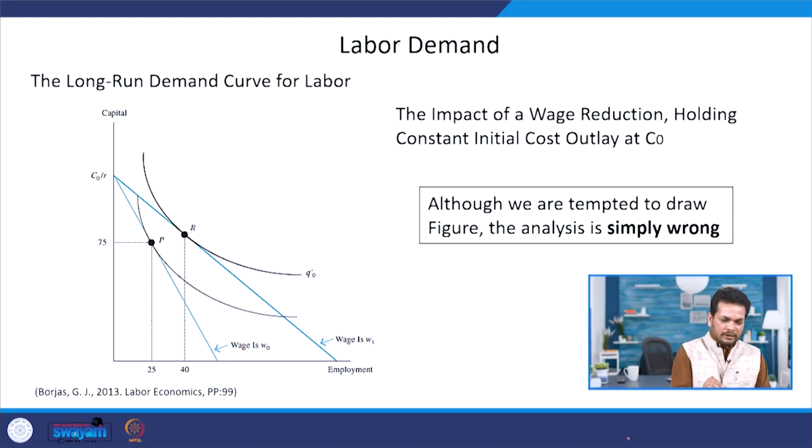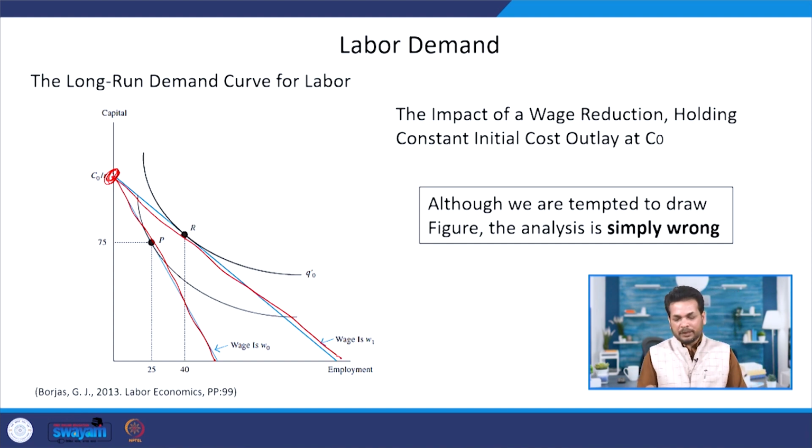In general, the farm will not maximize its profit by constraining itself to incur the same costs before and after the wage change. So, you will not rotate around that initial cost outlay at that intercept. If we are rotating around this intercept, simply moving this isocost from this position to this position, then it is simply a wrong analysis.